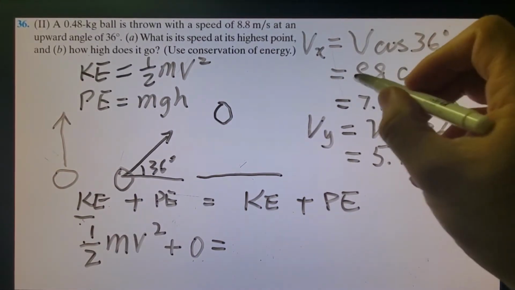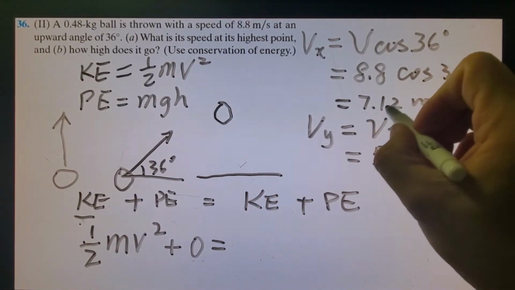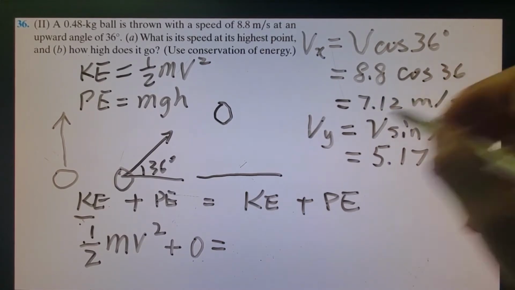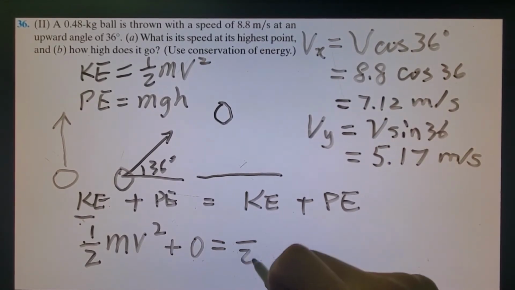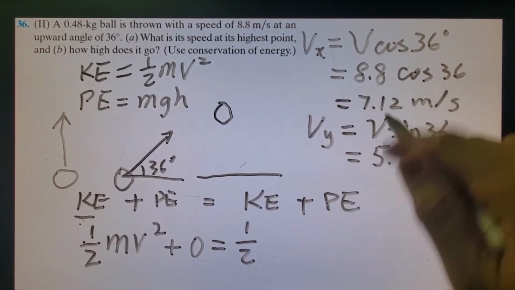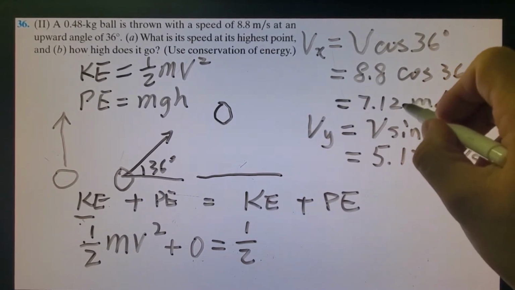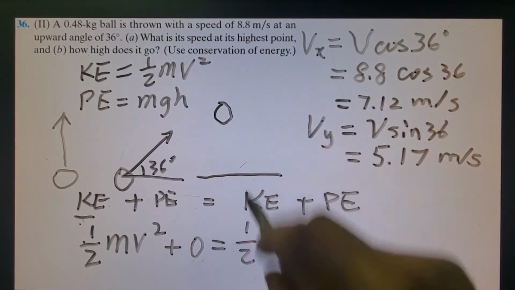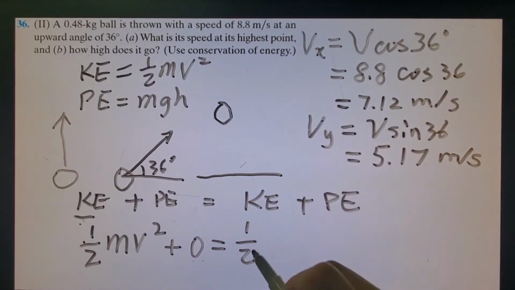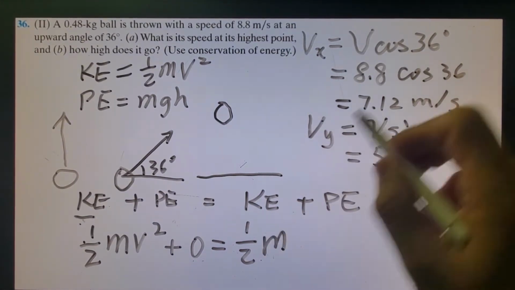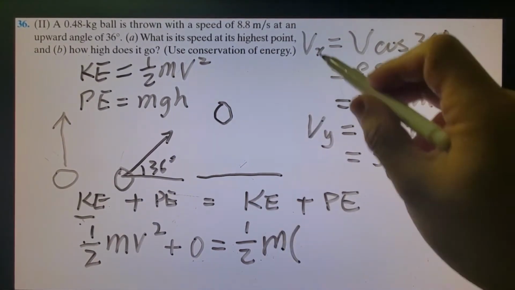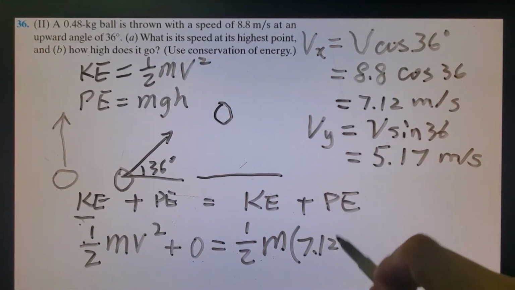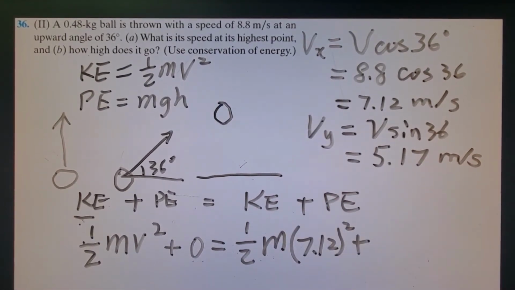How fast is it moving? It's moving at 7.12 meters per second in the x direction. So kinetic energy is not equal to 0, but equal to half times m, v is vx, 7.12 squared, plus potential energy.